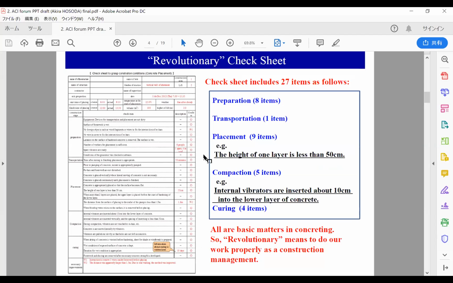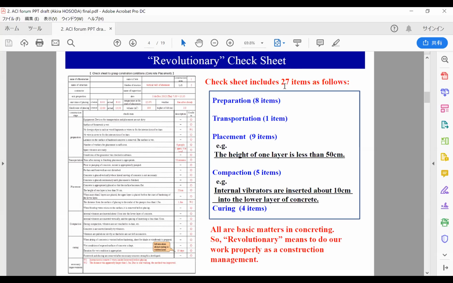I will tell you in detail about this check sheet, which can be used in your country also, I think. It's called a revolutionary check sheet. I think you cannot see the details, but you can find it later. In this check sheet, 27 items, something like that, are included.